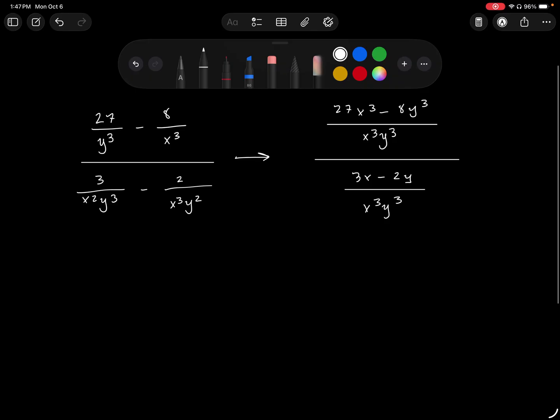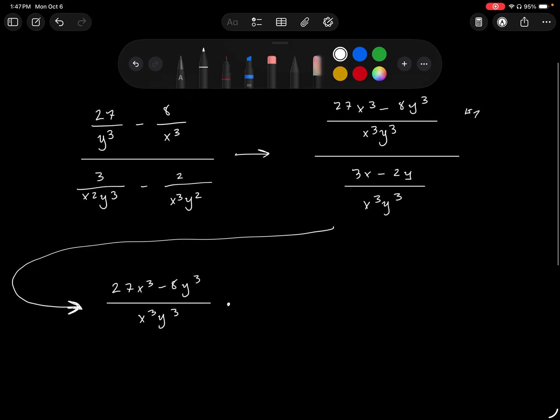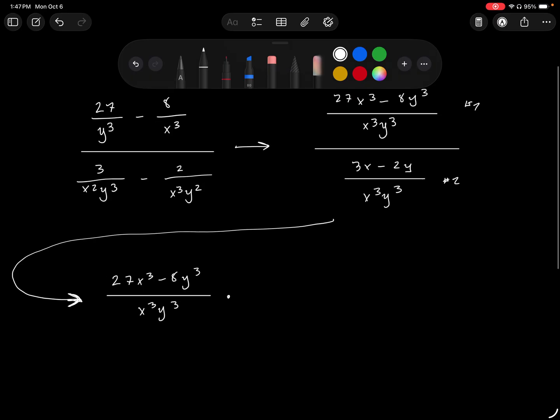So now with this, I take it down here, and I'm going to divide, which can be written as this. Flip this one, so this is 1, flip 2 over.